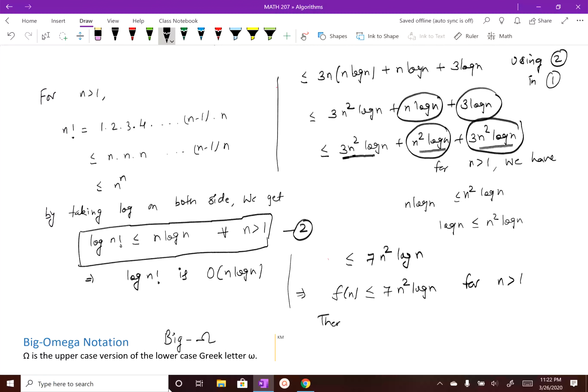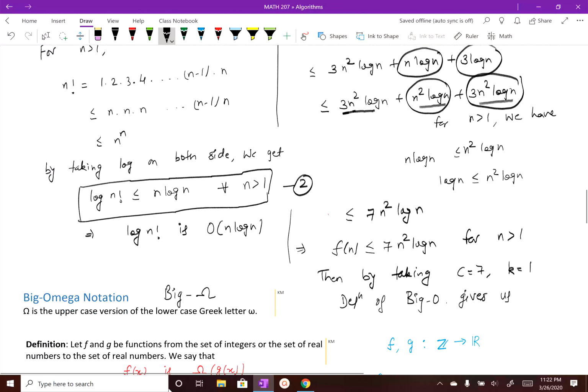Then by taking c equal to 7 and k equal to 1 as positive constants, the definition of big O gives us that f(n) is big O of n² log n.